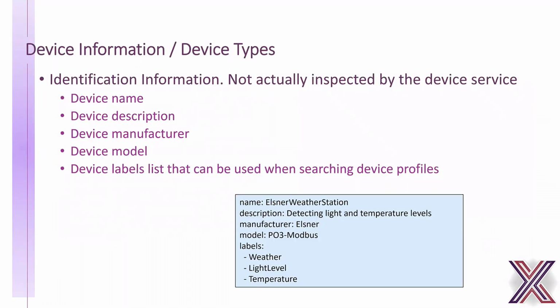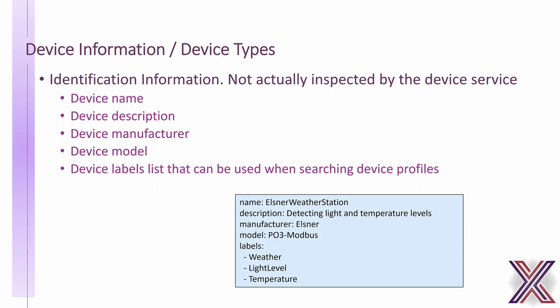So let's get to those three aspects that I spoke about. So the first is device information, and we sometimes call those device types. And this is, like I said, the identification information. And aside from the name, these fields aren't actually inspected at runtime by the device service. So we have the name, we have the description, a manufacturer, model, and a set of labels that can be used.